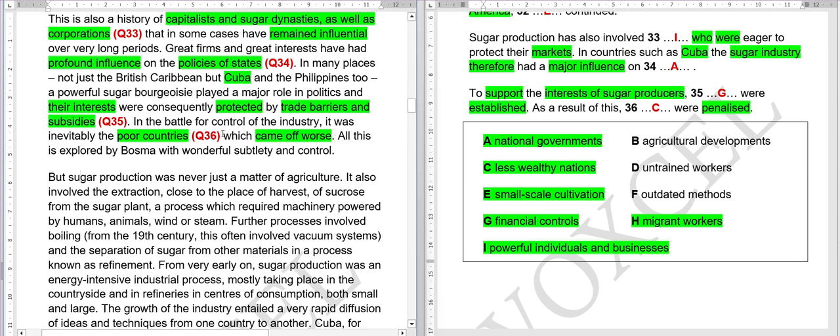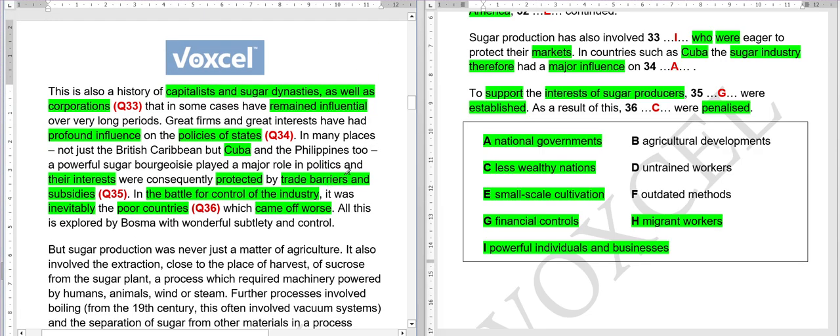So here they're saying that in the battle of control, so as a result of trying to control, this has been paraphrased as: in the battle for control of the industry, inevitably poor countries came off worse. So they were penalized because they didn't have money to bribe the government or to lobby, something like that, so that's why they were penalized. I hope it is clear.